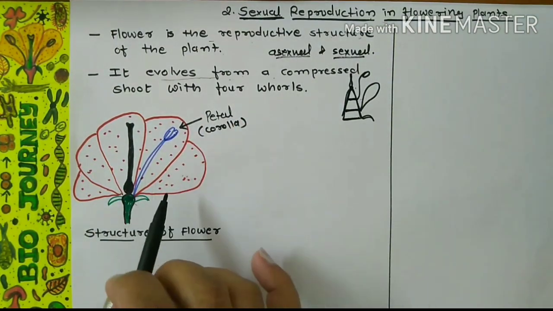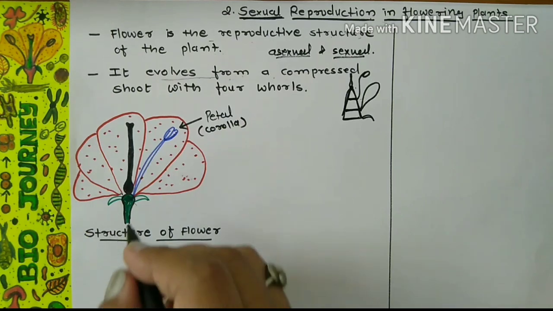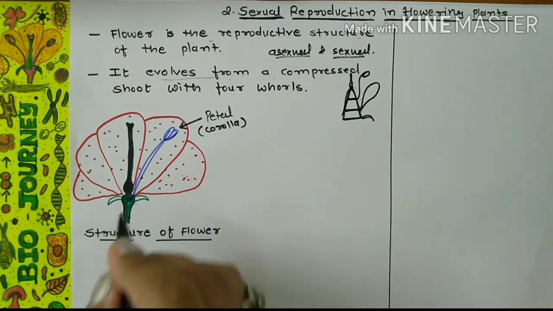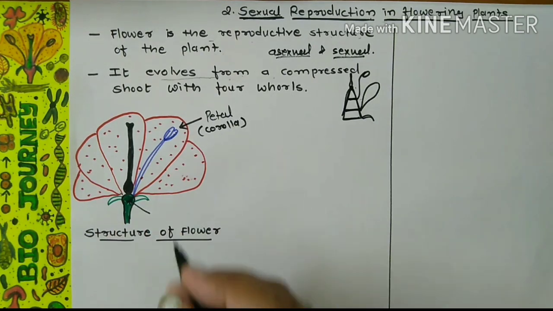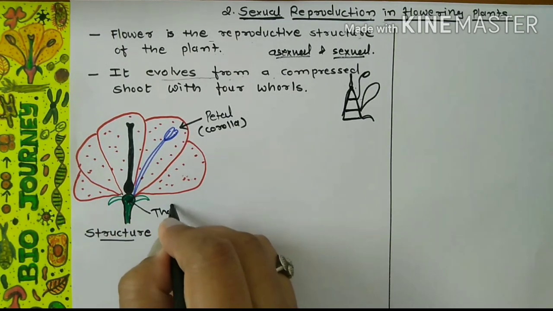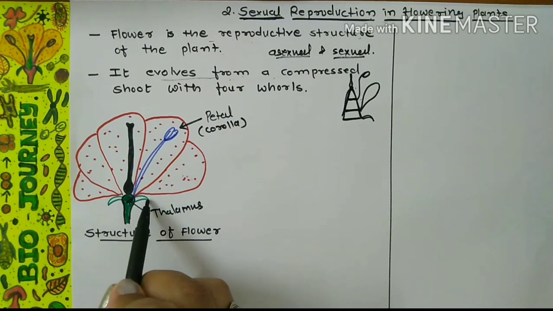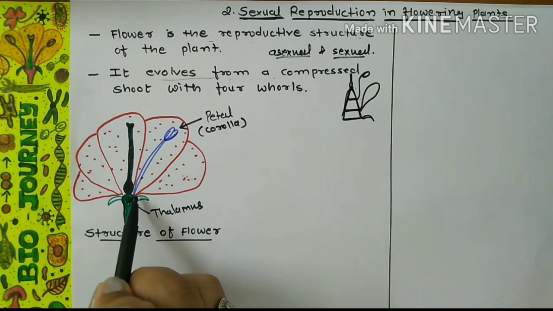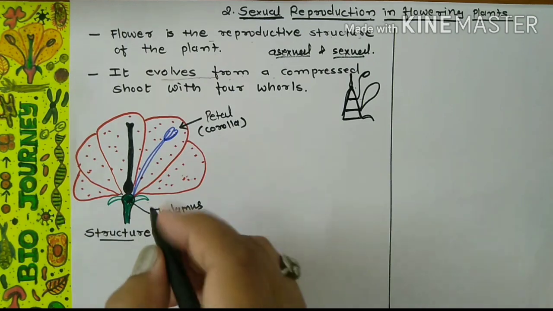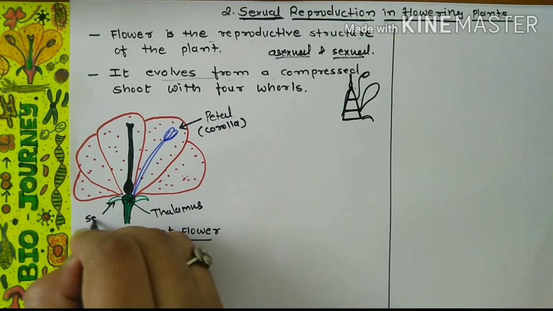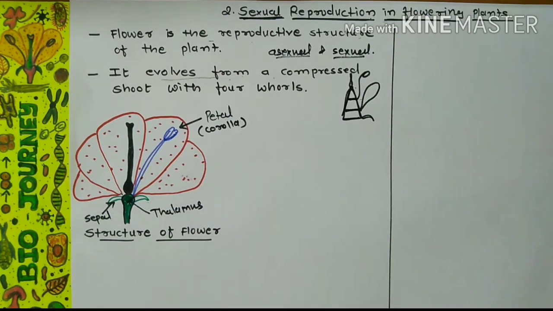Another outermost roll is present at the base of the flower. This base structure is known as the thalamus. Here you can see this green, tiny, leafy structure. Each unit is known as a sepal.